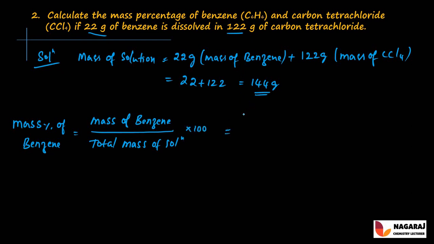So the mass of benzene is 22 grams divided by the total mass of the solution, 144 grams, into 100. On simplification, it gives 15.28%. So this is the mass percent of benzene.